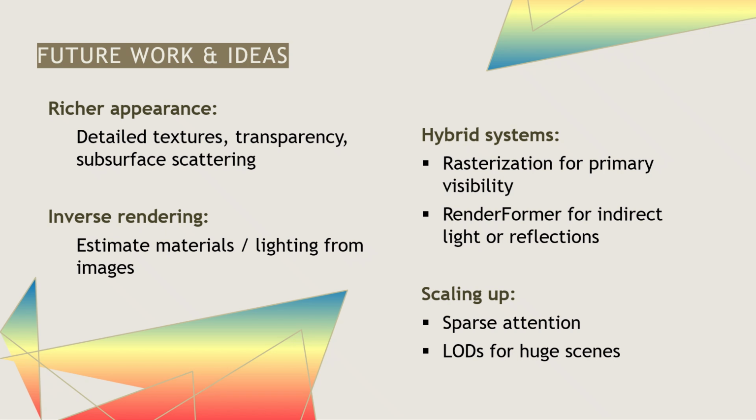Second, better scalability. Combining transformers with ideas like LODs, level of details, or using sparse attention could support much larger scenes. Third, inverse rendering. Since the pipeline is differentiable end-to-end, it could be used to estimate materials or lighting from images, not just render them.